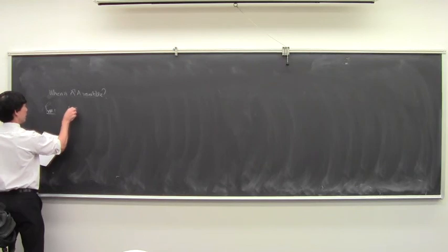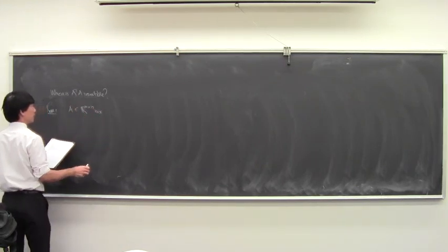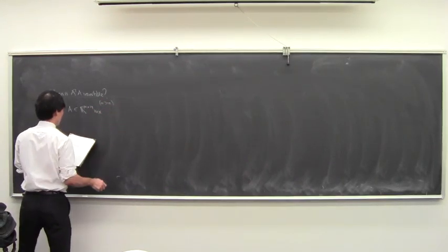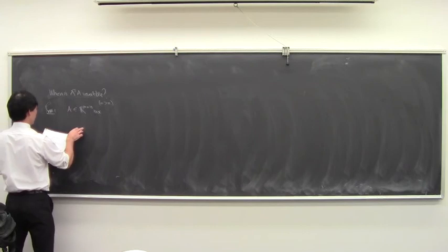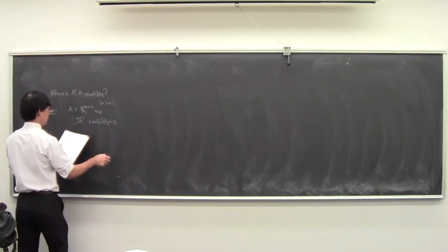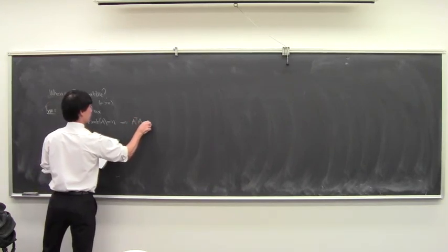A is an m by n matrix, and remember, m was bigger than n. If the rank of A is n, then A transpose A is invertible.